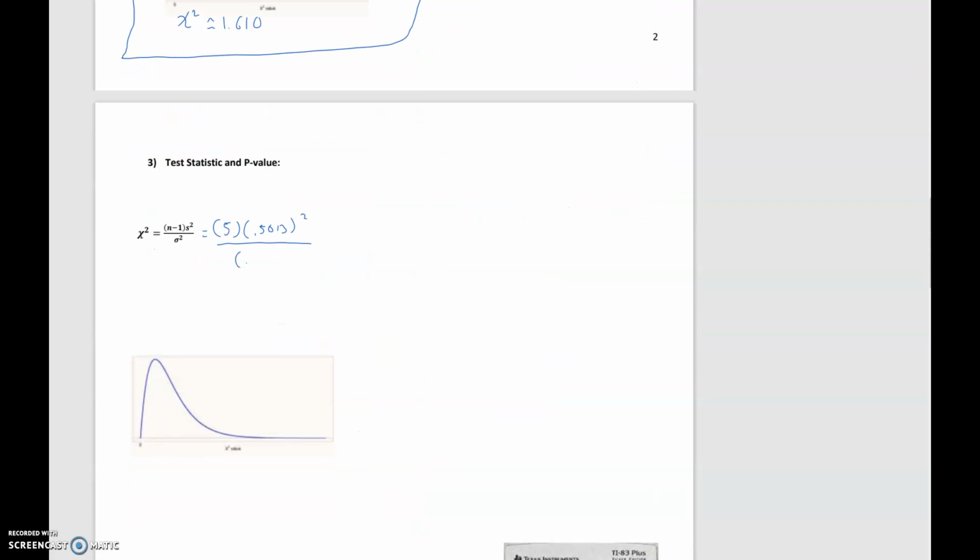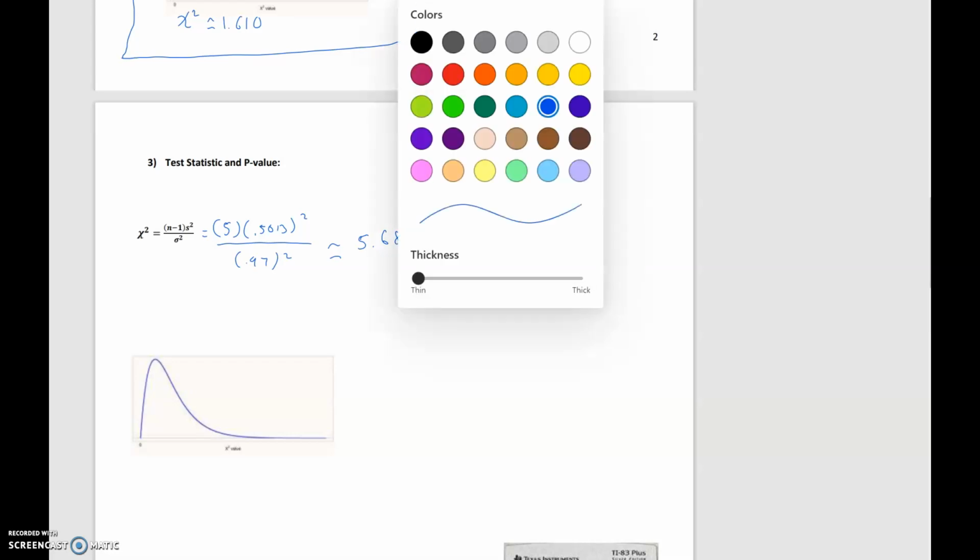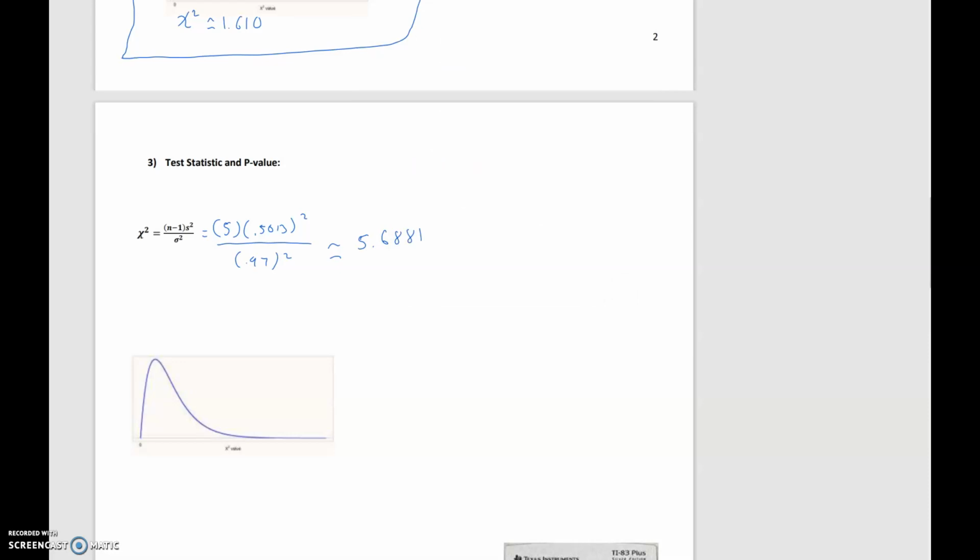So this will be 0.47 squared. Please evaluate that on the calculator. And I'm getting 5.688. I'm just going to carry an extra value there, but 2 would be sufficient.